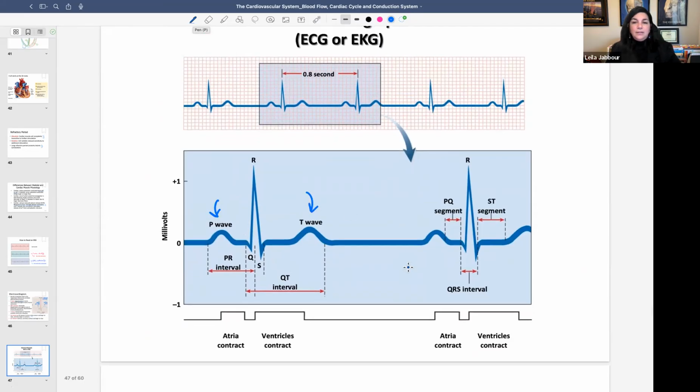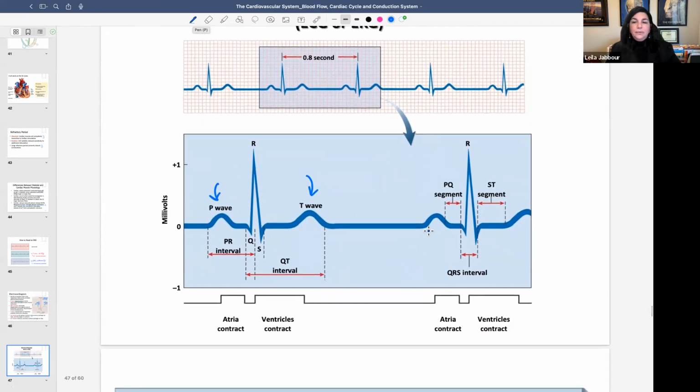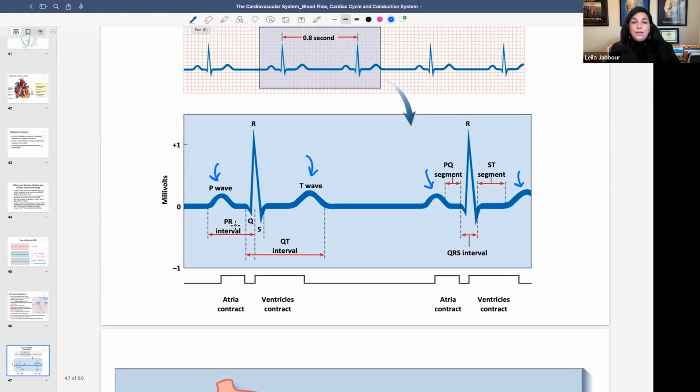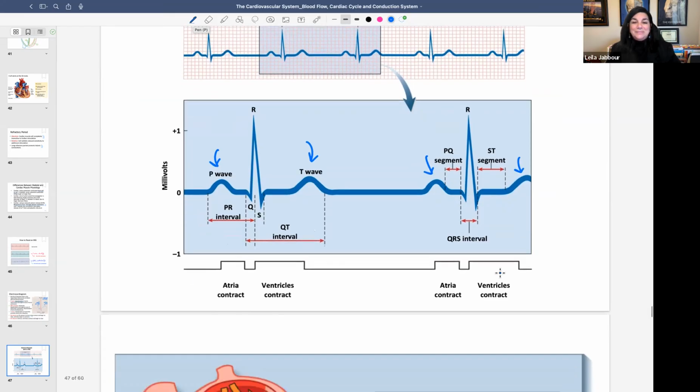And then another heartbeat: P wave, QRS complex, T wave. Atria contract, QRS complex, ventricles contract, and then relax. Atria contract, and then ventricles contract, and then they relax.